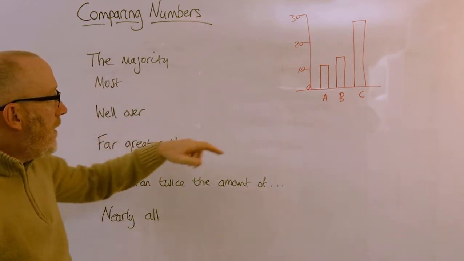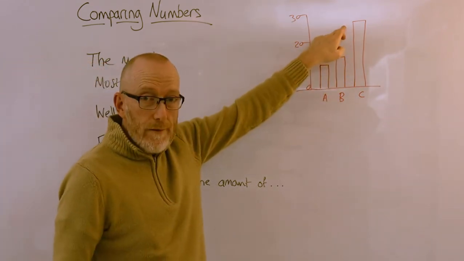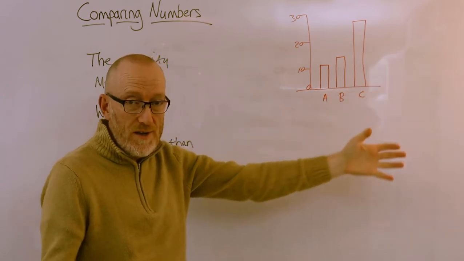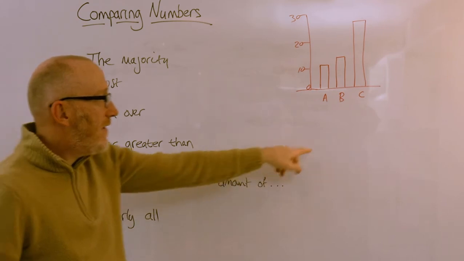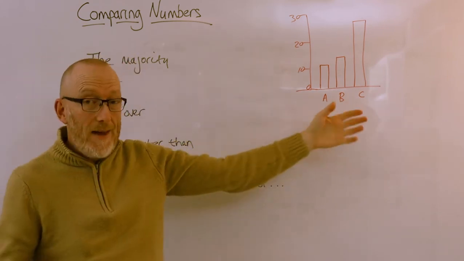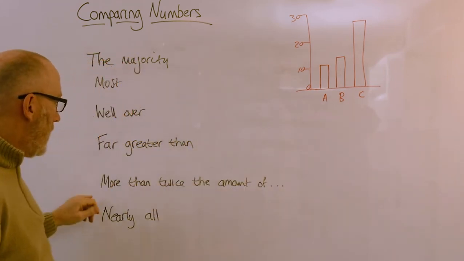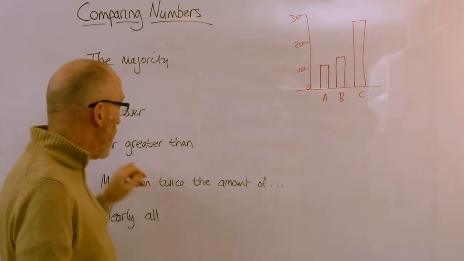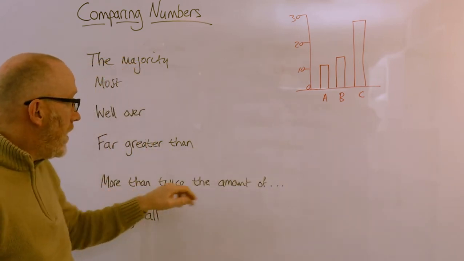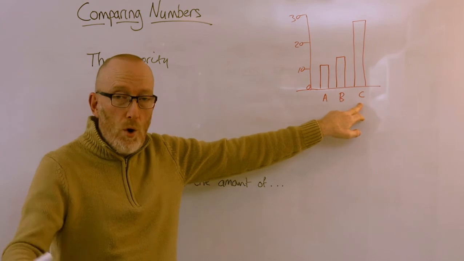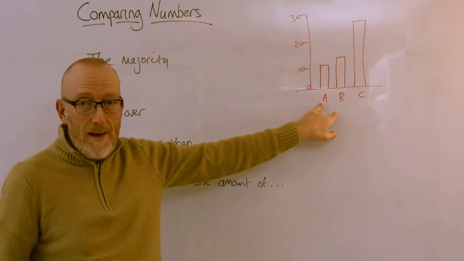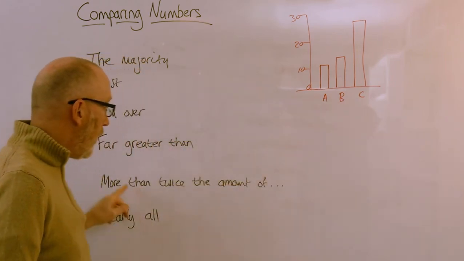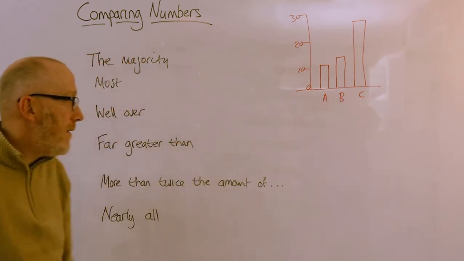Well over half of the people preferred option C. Option C is far greater than options A and B combined. Far greater than, we also use option C, or more people preferred C, which is actually twice the amount of A and B. So option C is more than twice the amount of A and B put together.